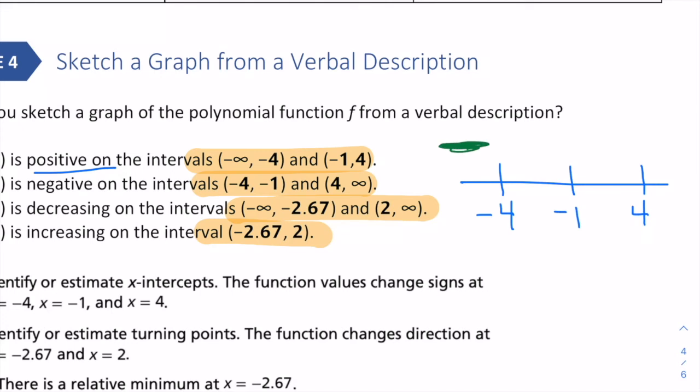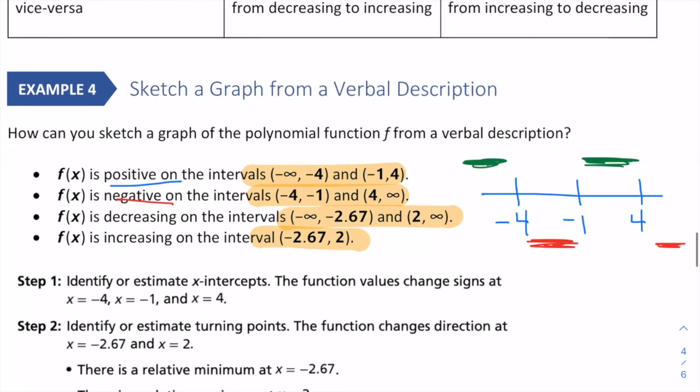It's going to be above between -1 and 4. And then we know it's going to be negative, I should say, between -4 and 1 and 4 to infinity. So when we try to figure out those x-intercepts, that's what we first need to make sure we focus on. These are the x-intercepts, and we know that the function is going to change.